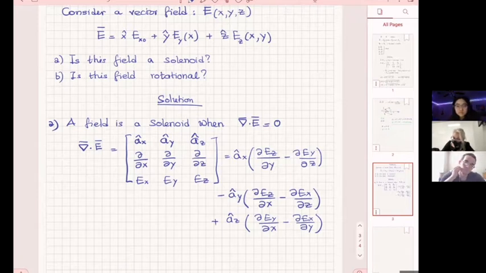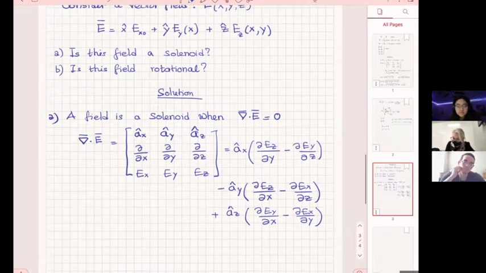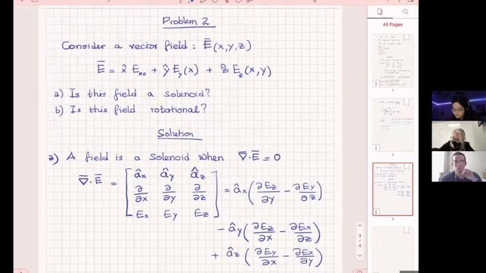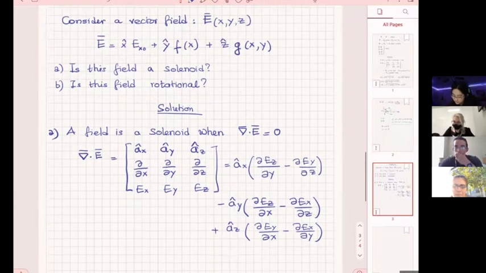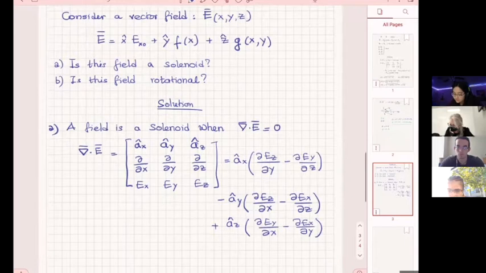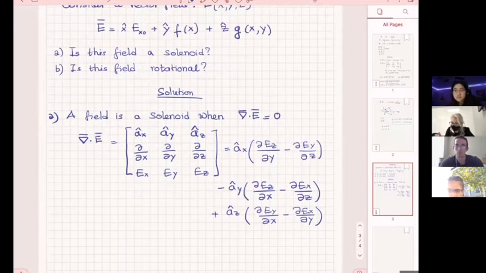So that you don't get confused, I'll put here a function f of x, and because E sub y and E sub z confuse you, g. This is a constant, Ex naught. So Ex naught is E sub x, f of x is E sub y, and g of x and y is E sub z.